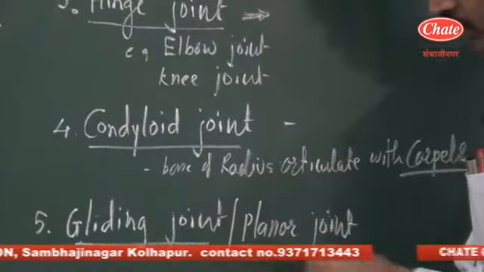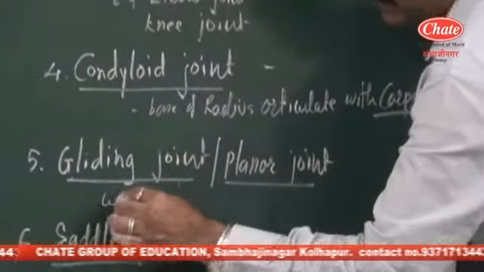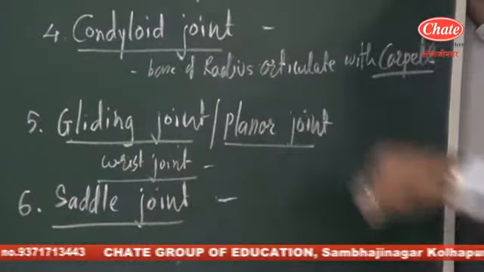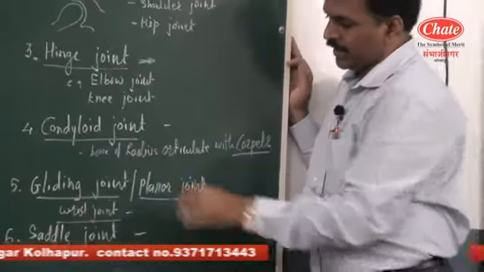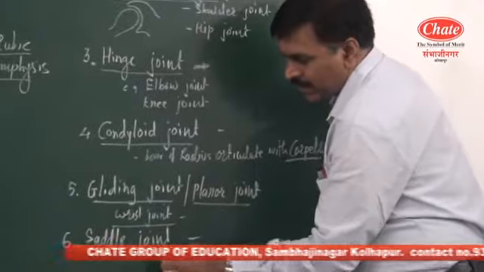Then gliding joint or planar joint. A good example is the wrist joint, where we can observe free movement of the wrist, meaning carpal bones slide over each other and form the gliding joint. Last is the saddle joint.